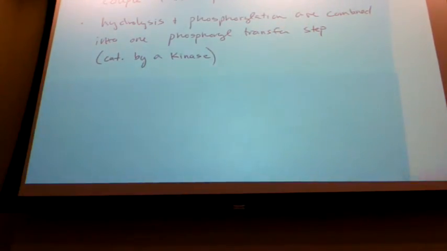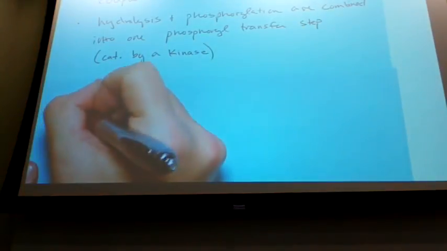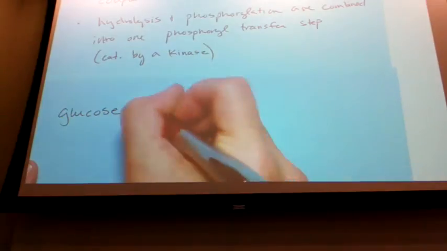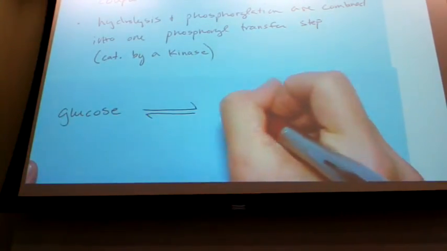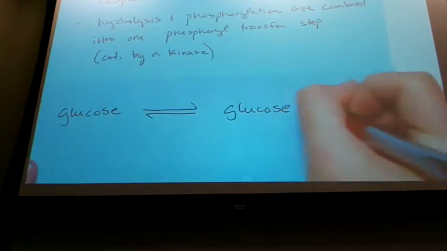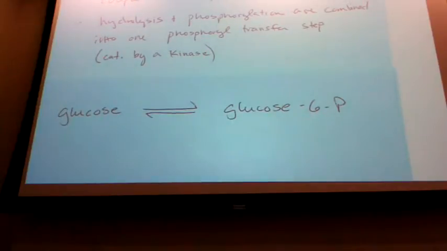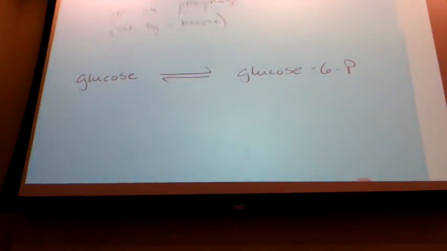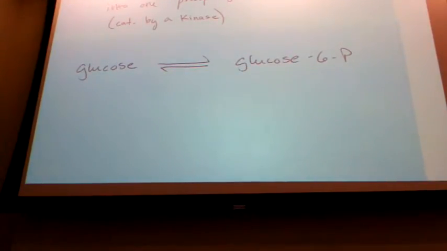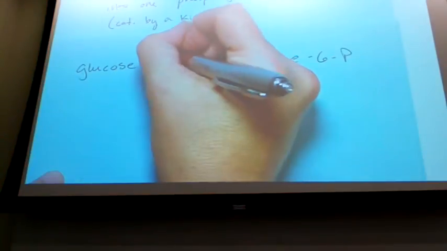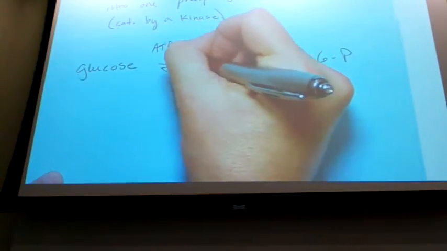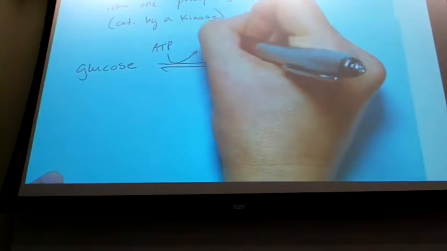And then when we write this coupled reaction, it is actually going to look like this. I've got glucose going into glucose 6-phosphate. And we're not drawing things out now because we're going to in the next chapter. And then you've got some ATP coming in and some ADP leaving.